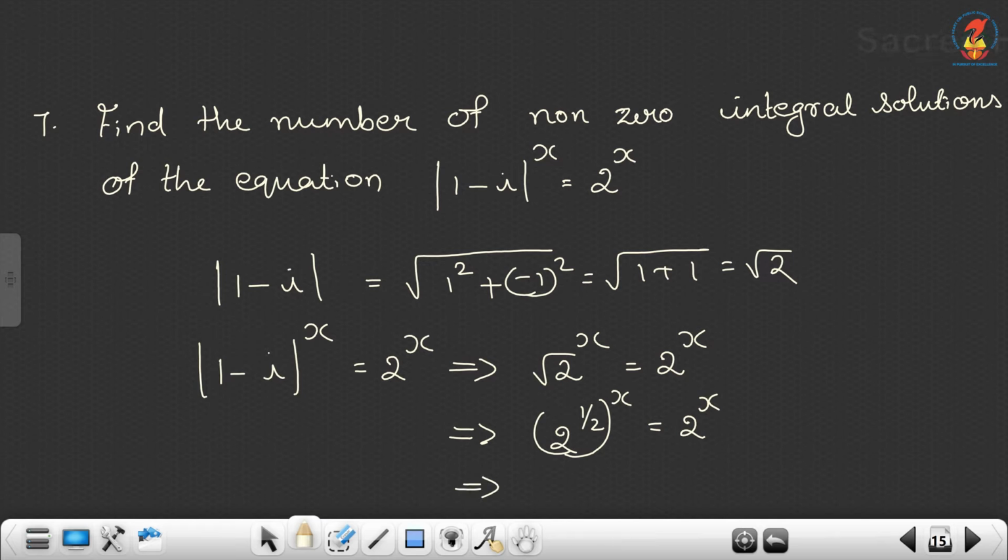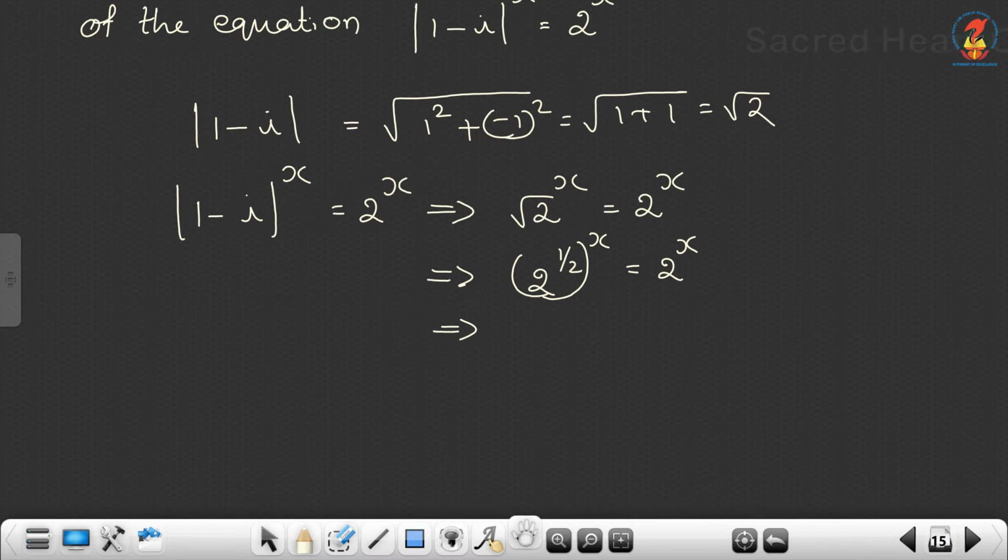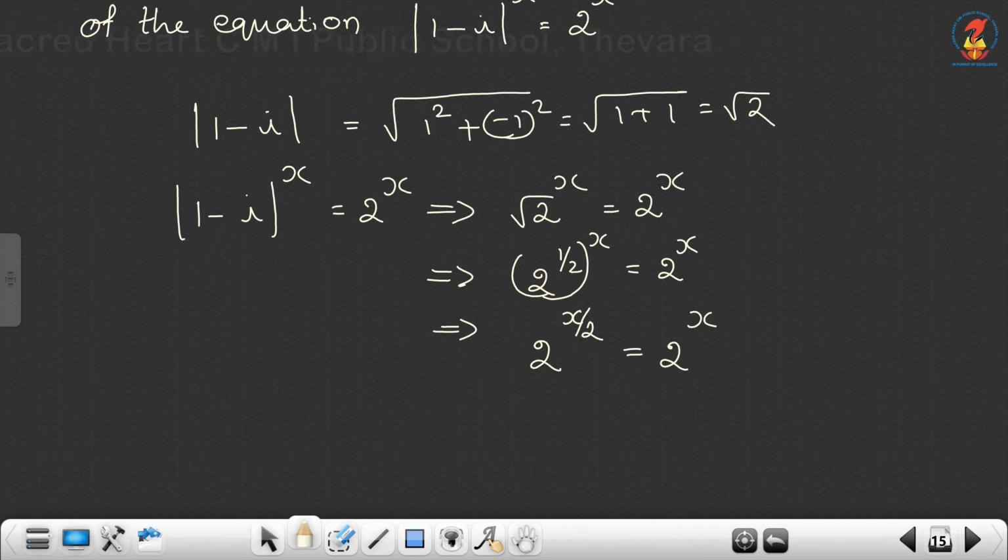Which implies 2^(x/2) is equal to 2^x. We multiply the powers, since (a^m)^n is a^(mn), so 1 into x gives x by 2. Now the bases are equal: if a^m is equal to a^n, with equal bases, we can say that m and n are equal.